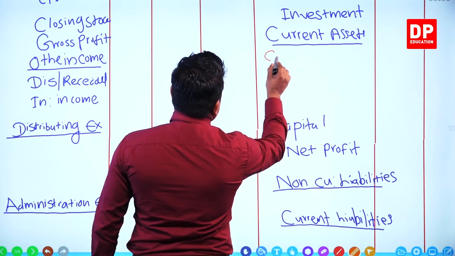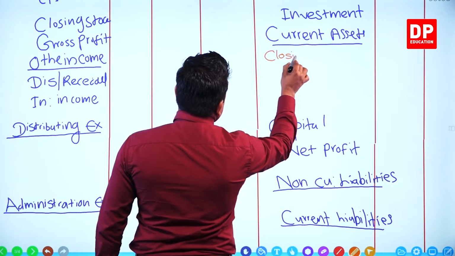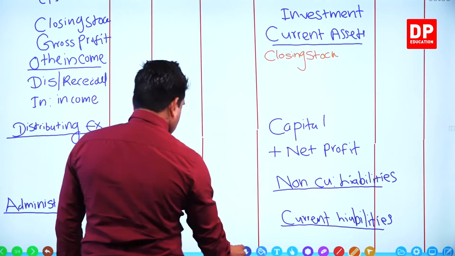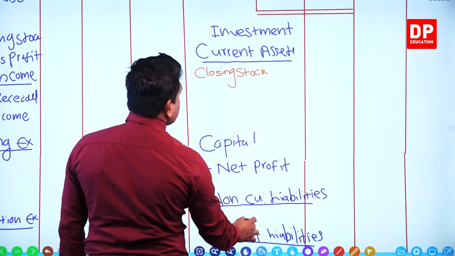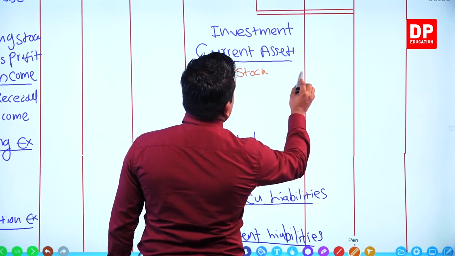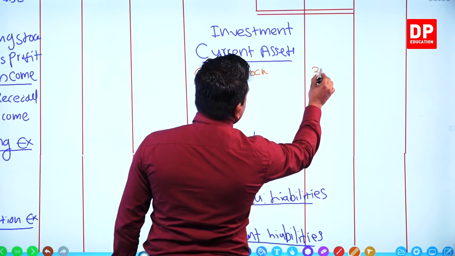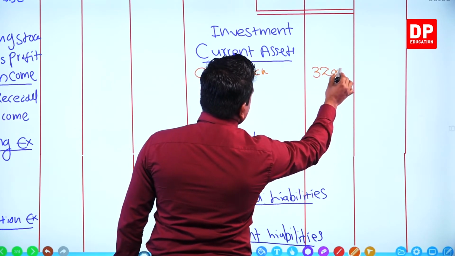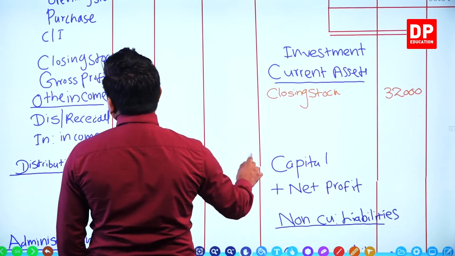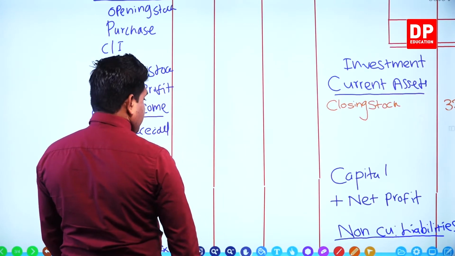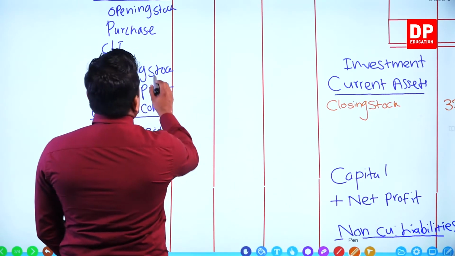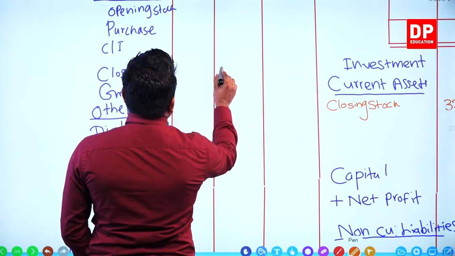Closing stock, closing stock 32,000 here. Then we write the other one. The other place is to calculate cost of sales, 32,000 right here.